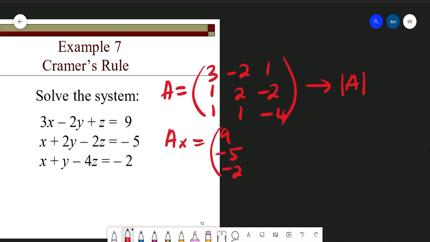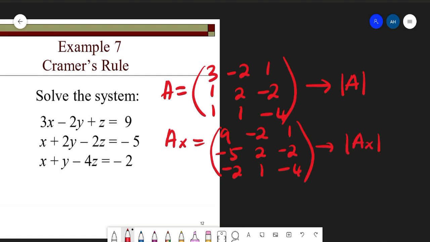Column 2 is still the same: negative 2, 2, and 1. The same goes for column 3: 1, negative 2, and negative 4. This is AX.